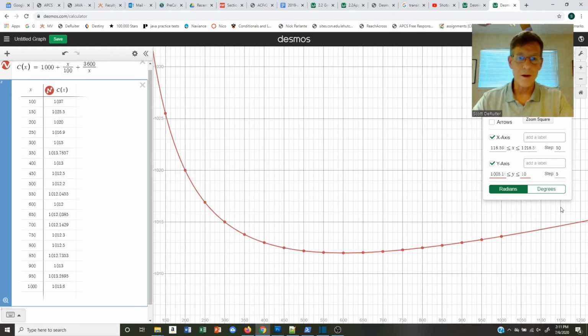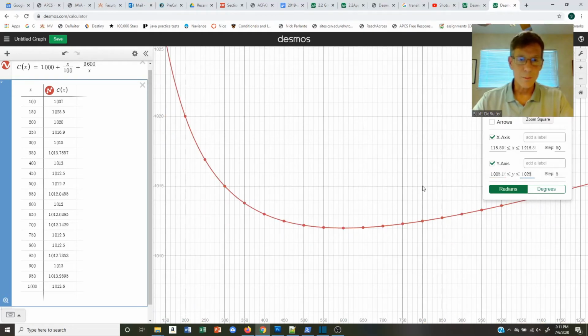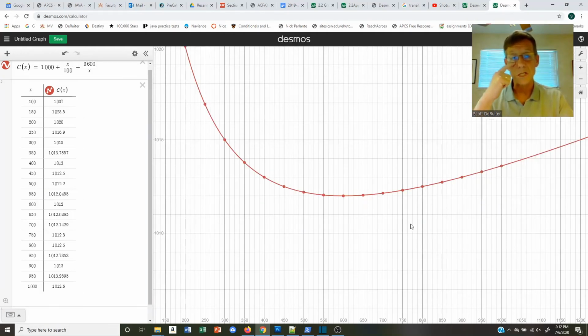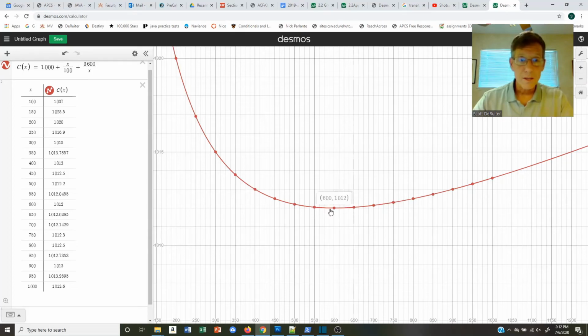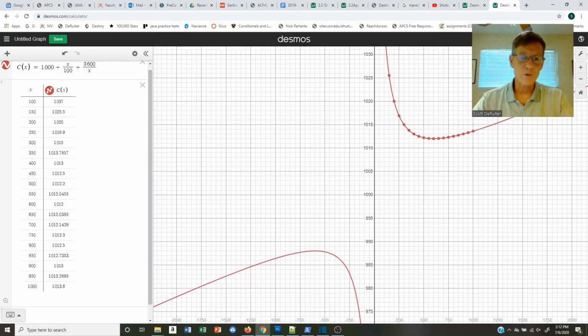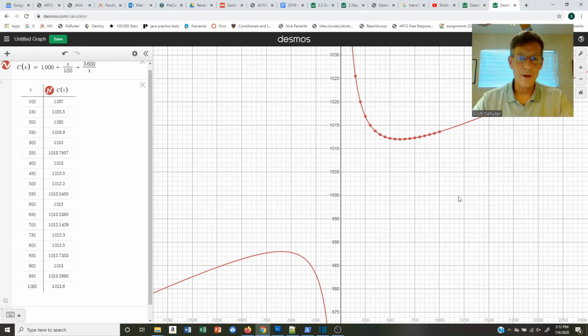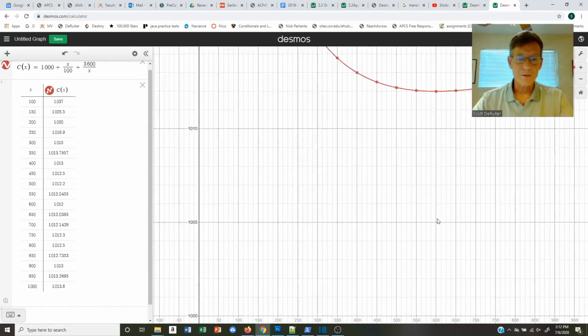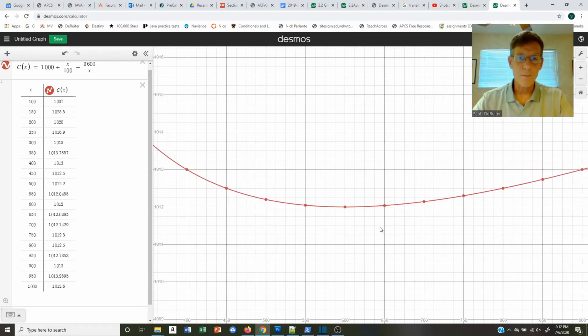We can maybe zoom in a little bit, and it looks like the minimum is at a ground speed of 600 miles per hour. You can see that both in the graph and in the table. So the minimum is when the ground speed is 600. You can zoom in and out to get a better sense of what it looks like. But we've answered C and D for the problem.